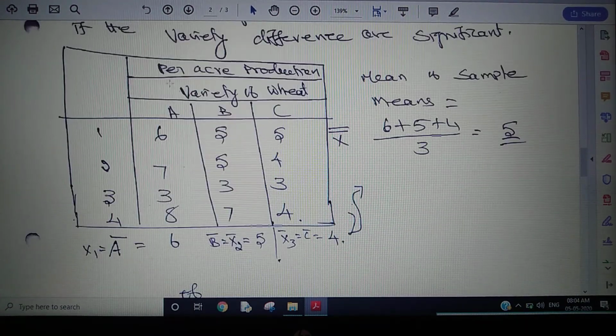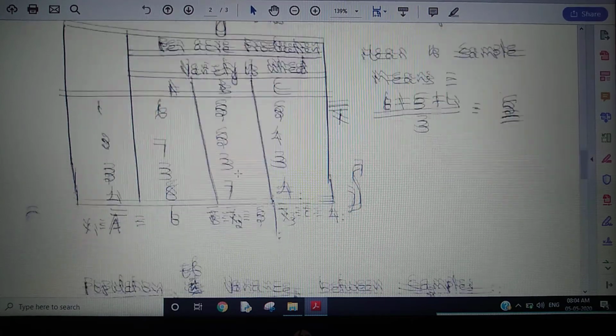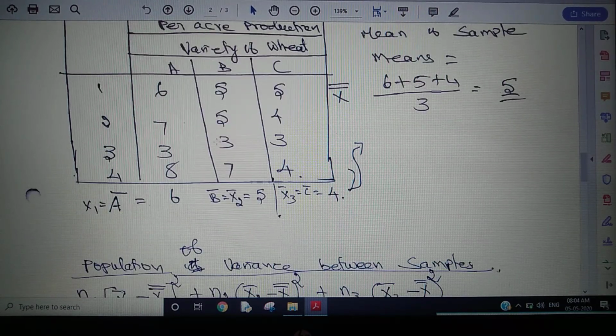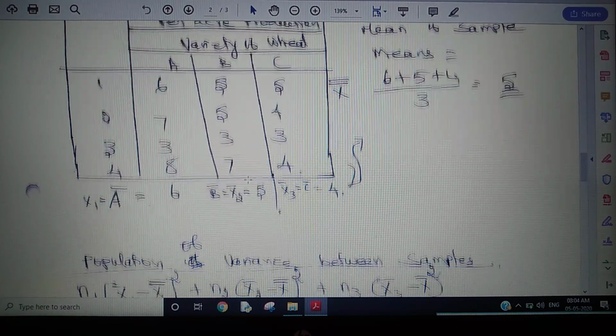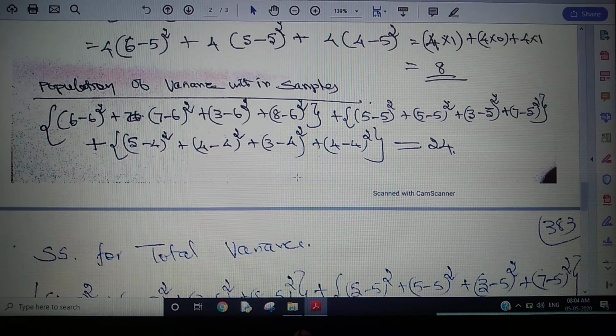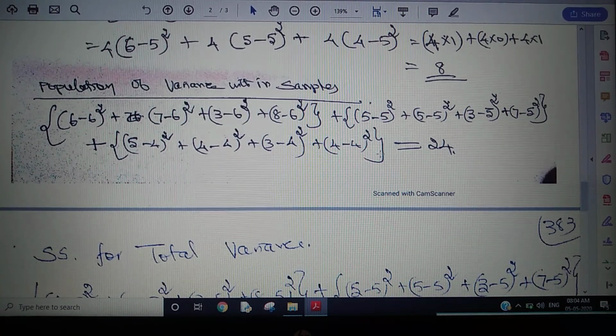So like that, x1 minus x1 bar, x2 minus x2 bar, x3 minus x3 bar. Then coming to this sample, x1 is 5, x2 is 5, x3 is 3, and x4 is 7, and x2 bar is 5. Like that we are calculating, and the population variance within the samples is 24.